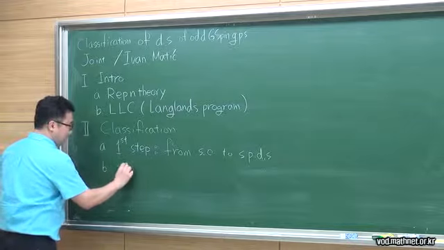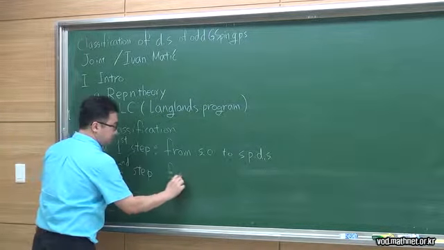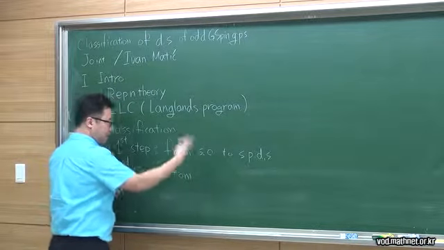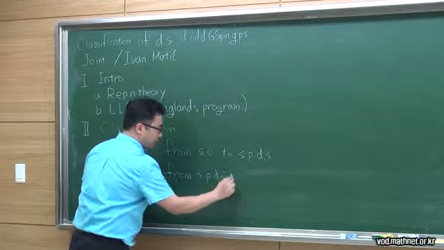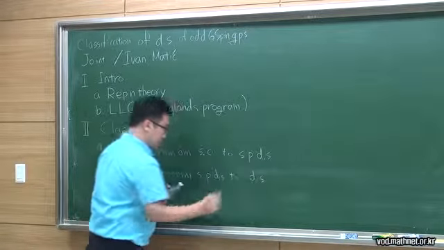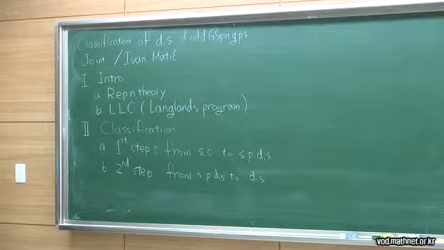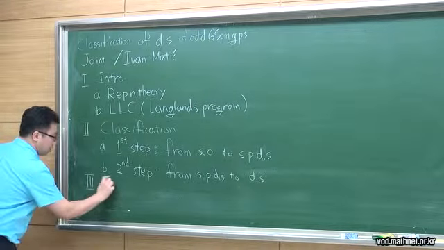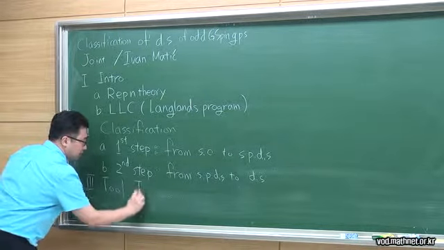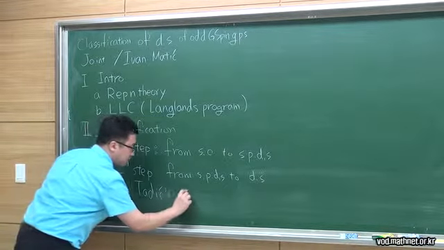The second step, as you can guess from the first step, is from strongly positive discrete series representations to discrete series representations. To get the result on the classification, the main tool is so-called Tadić's structure formula.